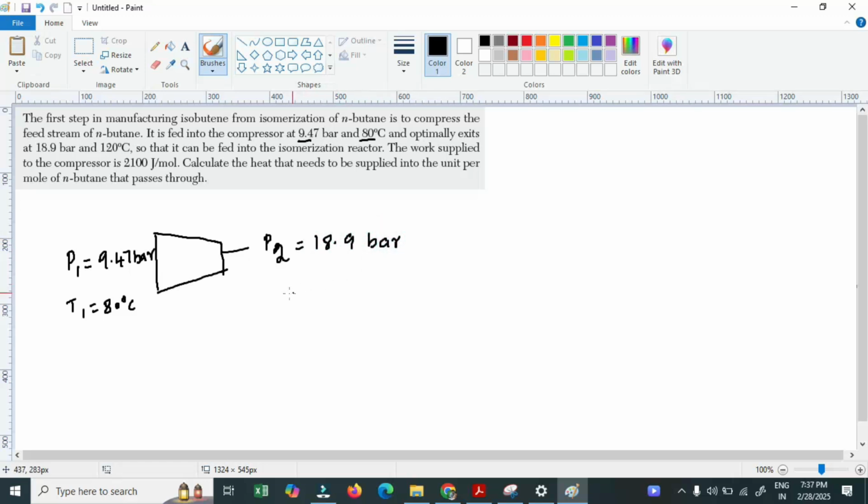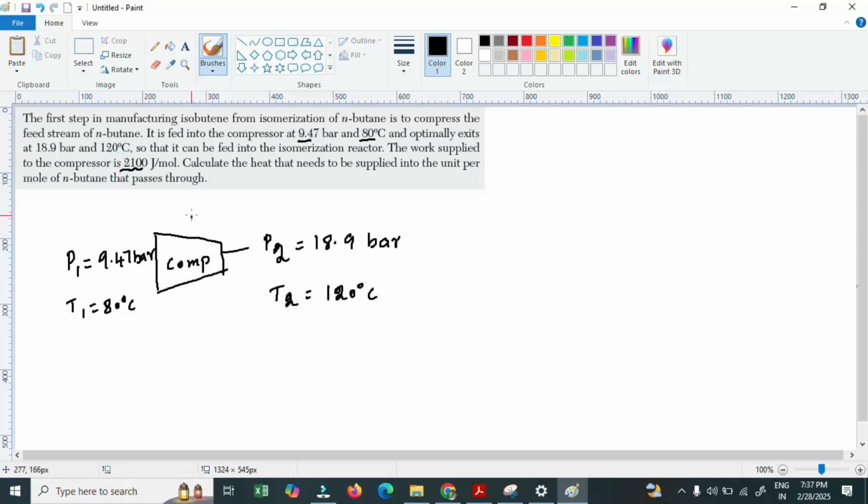And it is a compressor. They have given the work supplied to the compressor, W equal to 2100 joules per mole.